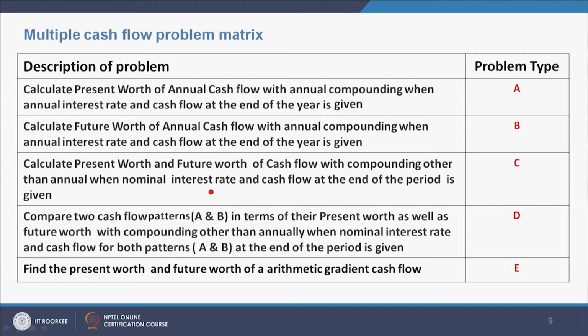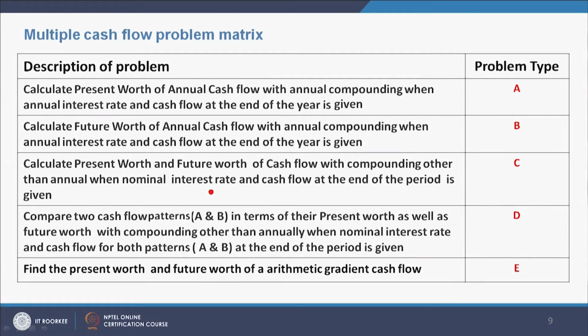Now, if you see the multiple cash flow problem matrix, we have 5 types of problems. One is to calculate the present worth of annual cash flow with annual compounding when the annual interest rate and cash flow at the end of the year are given, and we will call this problem type A. Calculate the future worth of annual cash flow with annual compounding when the annual interest rate and cash flow at the end of the year are given.